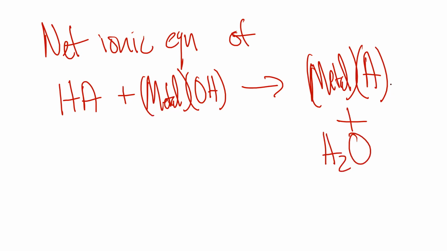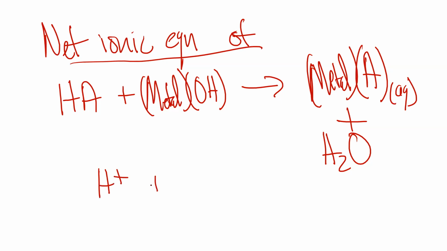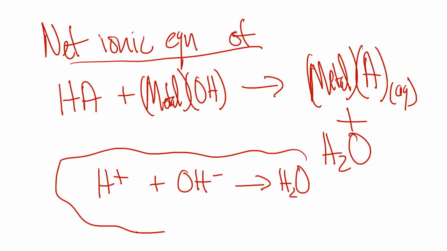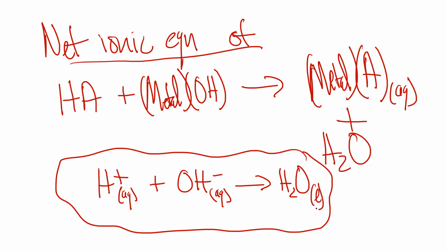And this is usually aqueous, so the final net ionic equation will actually be H plus plus OH minus, giving you H2O. That's the final net ionic equation of that thing. It's the neutralization of protons and hydroxide, giving you liquid water.